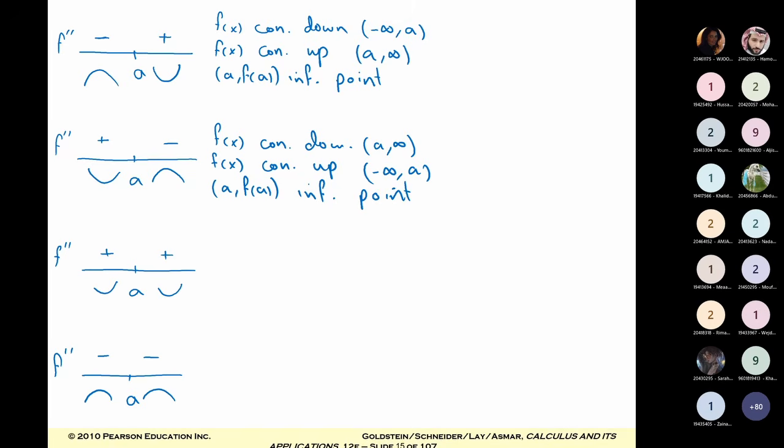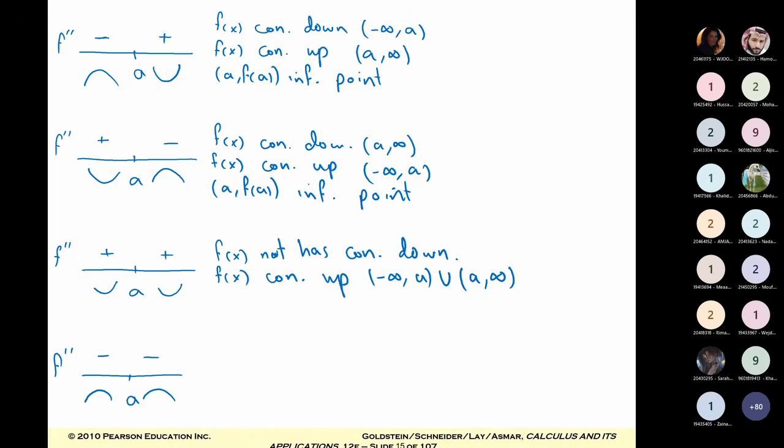Okay, also here f of x has no concave down, but f of x is concave up from minus infinity to A, union from A to infinity, and A and f of A is not an inflection point. So f of x has no inflection point.